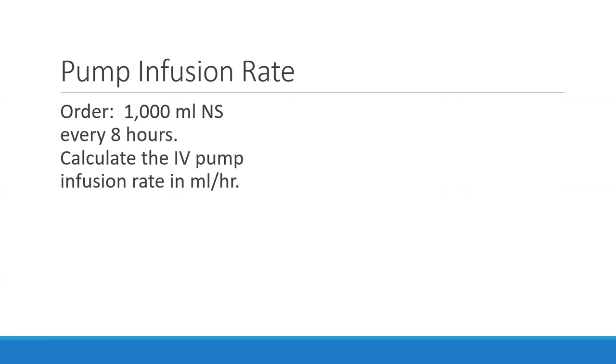So our pump infusion rate. Here we've got an order for 1,000 mLs NS, normal saline, every 8 hours. Calculate the IV pump infusion in mLs per hour. So we are looking for mL per hour. Looking back, I've got 1,000 mLs every 8 hours.